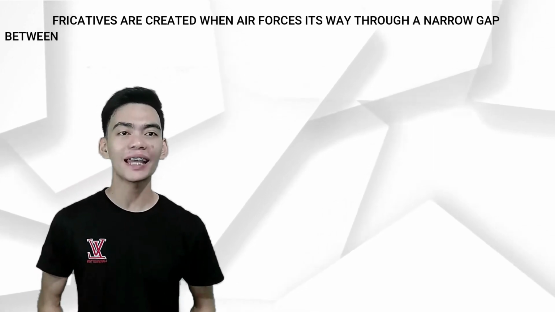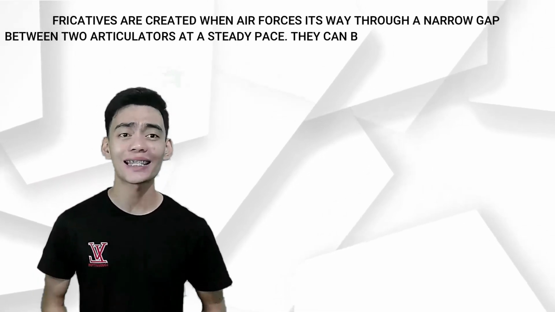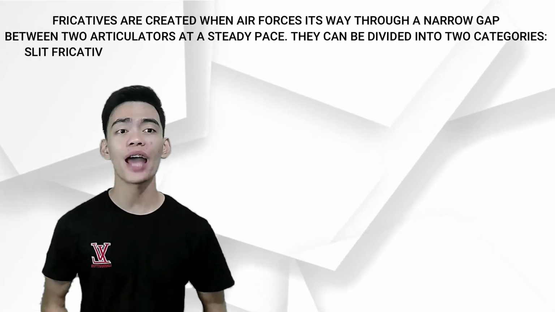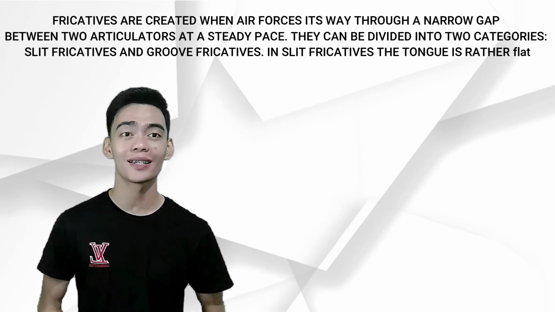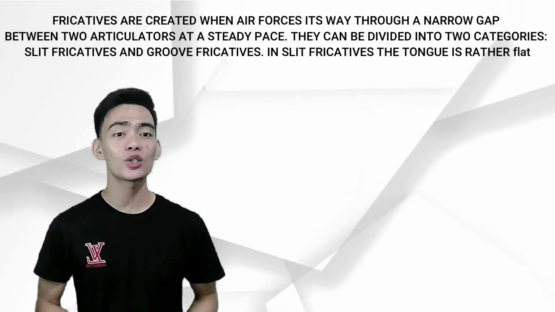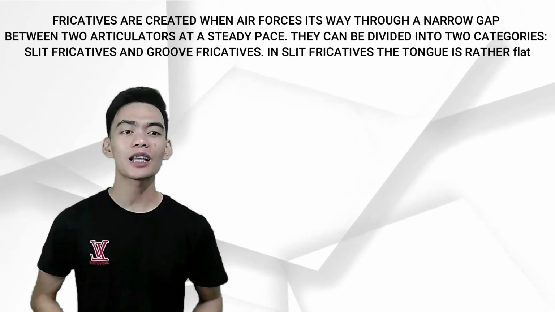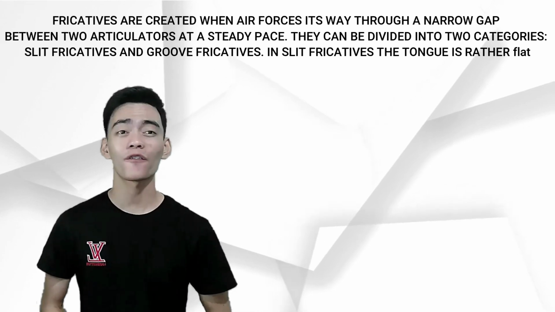Fricatives are created when air forces its way through a narrow gap between 2 articulators at a steady pace. They can be divided into 2 categories, slit fricatives and groove fricatives.